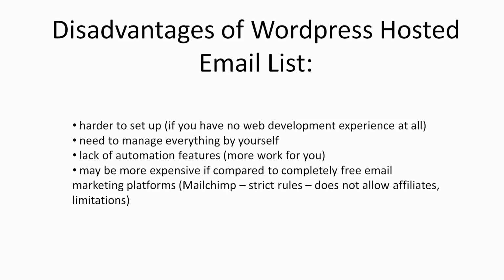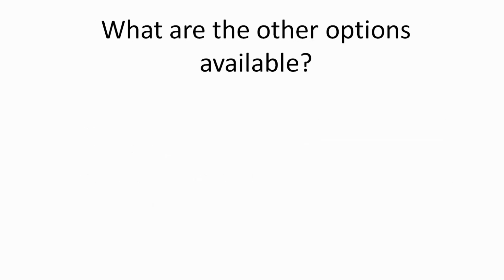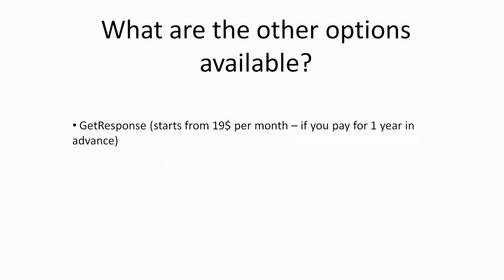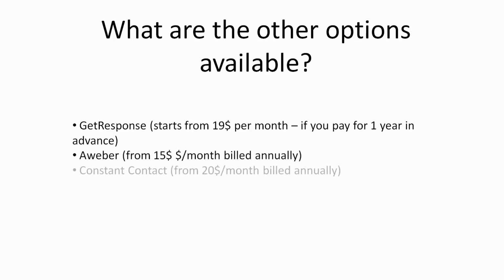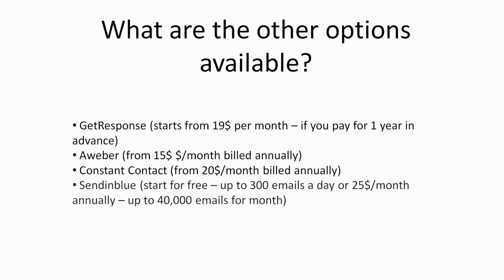First let's see what other alternatives we have, in case you still decide to use an email marketing platform. The alternatives can be GetResponse for $19 per month, Aweber for $15 per month, Constant Contact for $20 per month, Sendinblue, which is free if you only send up to 300 emails a day, or $25 per month for 40,000 emails for a 1 month limitation.